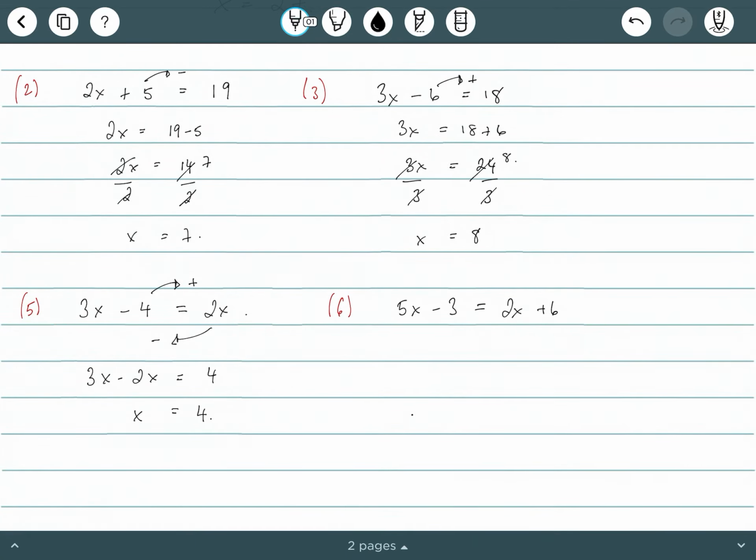So minus 3 brought over becomes a plus, and plus 2x becomes a minus. I have 5x minus 2x is equal to 6 plus 3. 5x minus 2x is 3x, and 6 plus 3 is 9. Divide both sides by 3, and we get x is equal to 3.